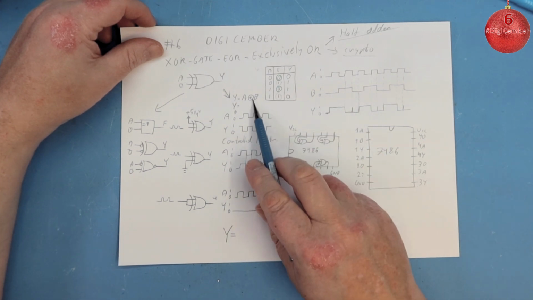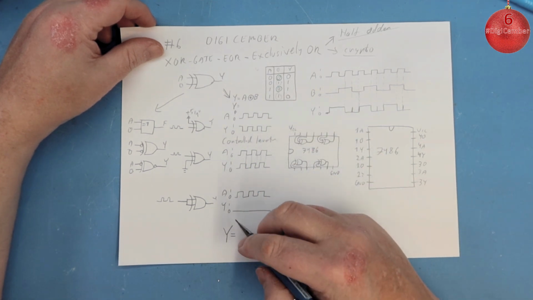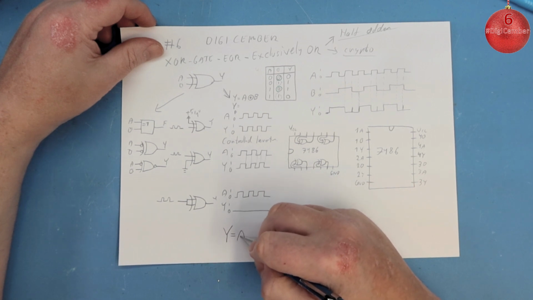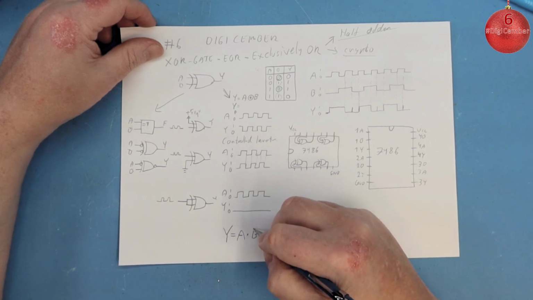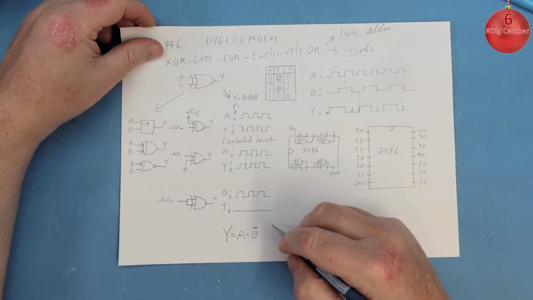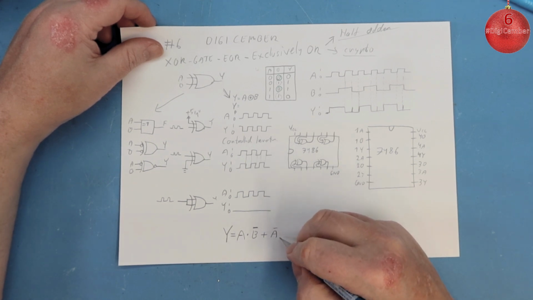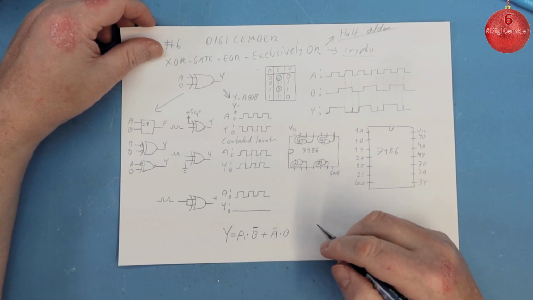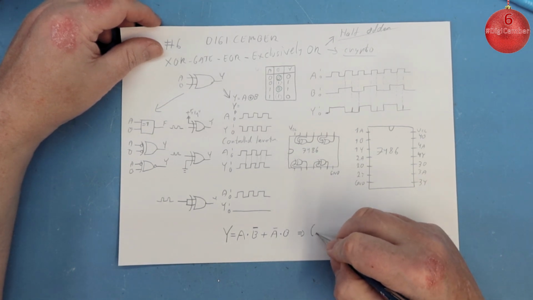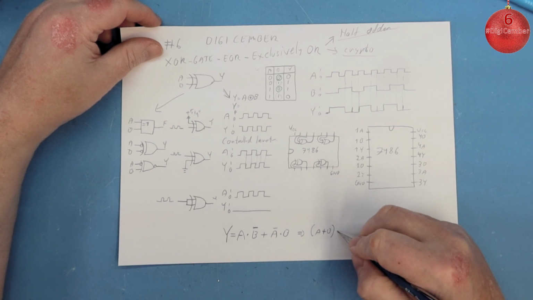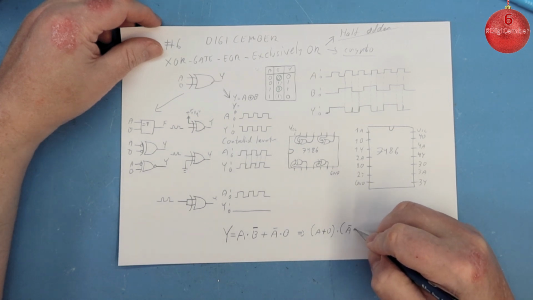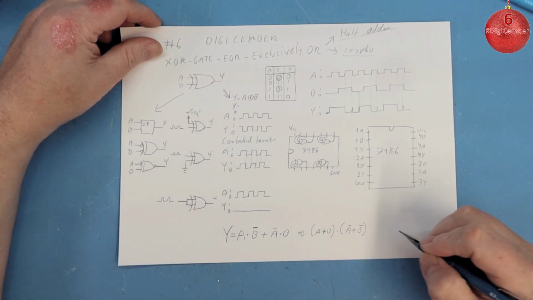You can see we have introduced this new symbol, but this can also be expressed as A times B inverted plus A inverted times B. And you can also express it like A plus B times A inverted plus B inverted.